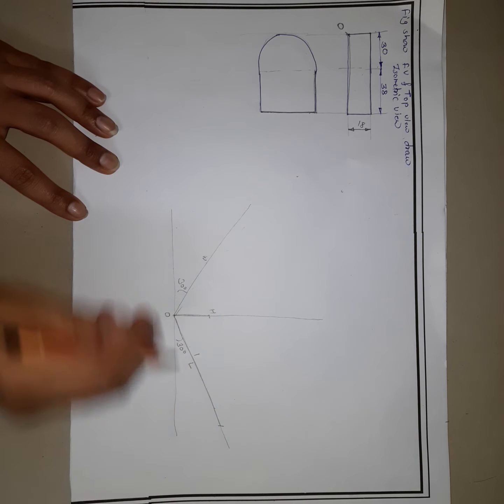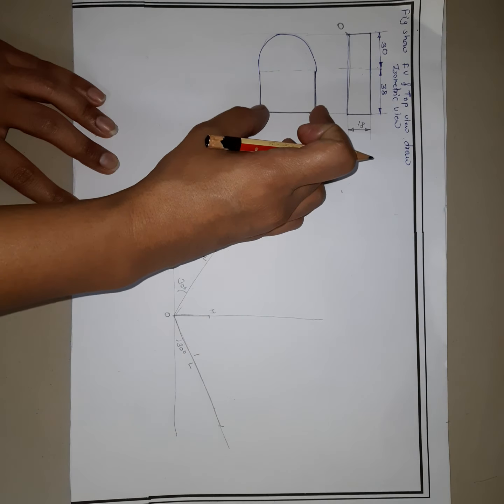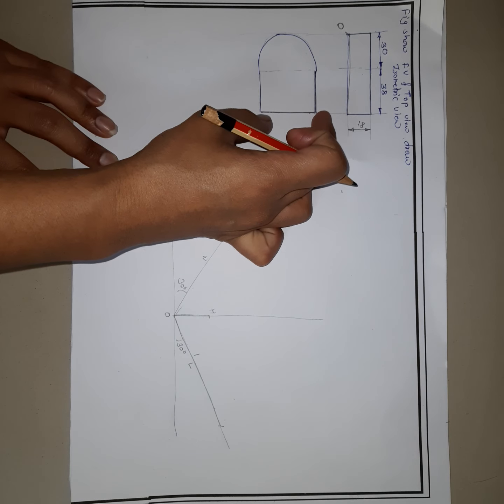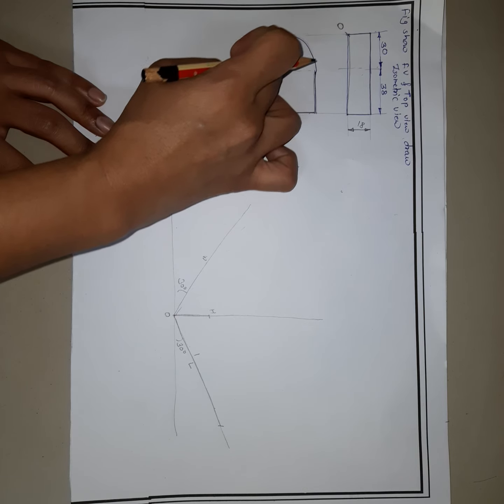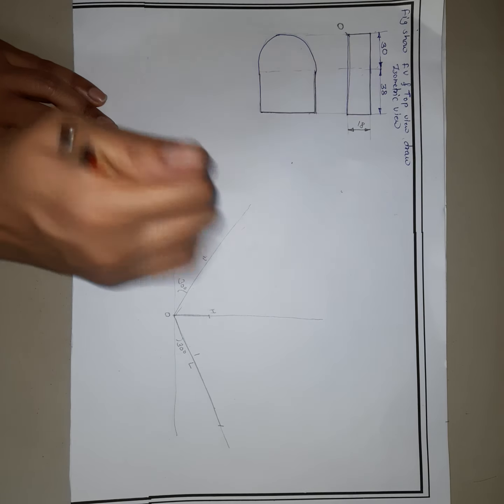Okay, then let's mark its width. This is the top view, then this is length, and this is width. So the width is equal to the diameter of this half circle, right?